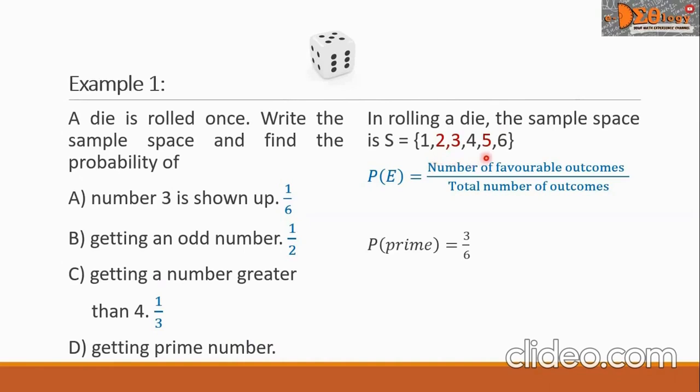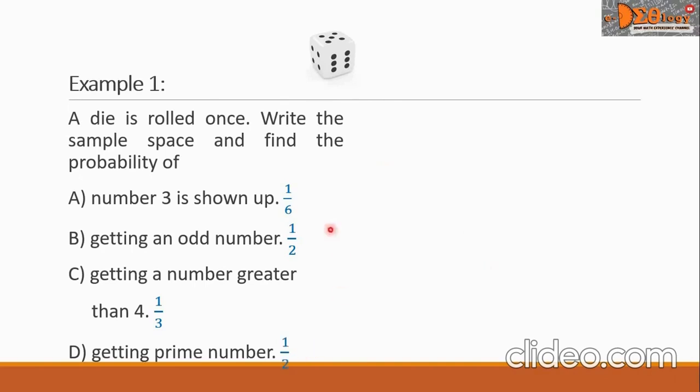Remember, prime numbers are numbers greater than 1 whose factors are 1 and itself. In our solution, we write 3 in the numerator over 6. And when we simplify, this is equal to 1 over 2. Let us copy this answer opposite letter D. There we go. So we are done with our example 1.